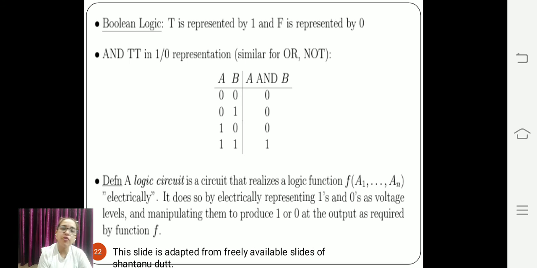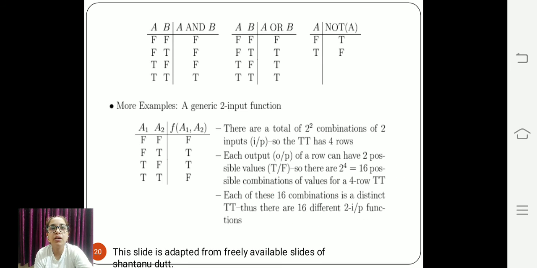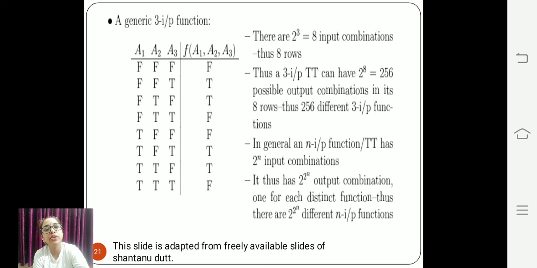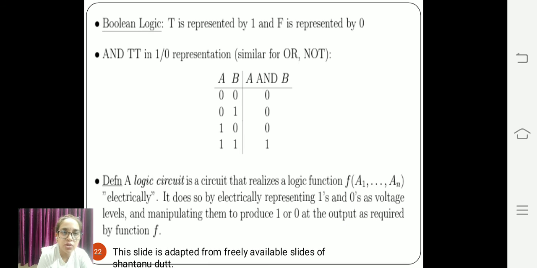In place of F, as we already discussed here, the first 3 outputs are F and the last one is T. So the same thing I have written here with the help of 0 and 1. The first 3 are F, so the output must be 0 for the first 3. In place of F I put 0.